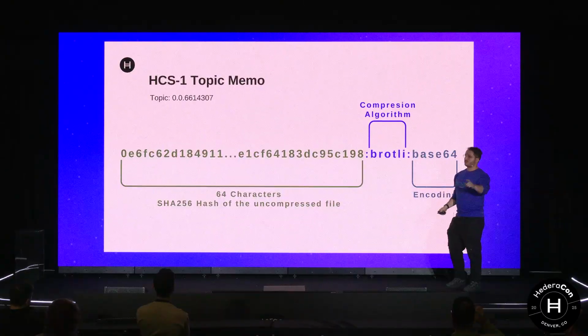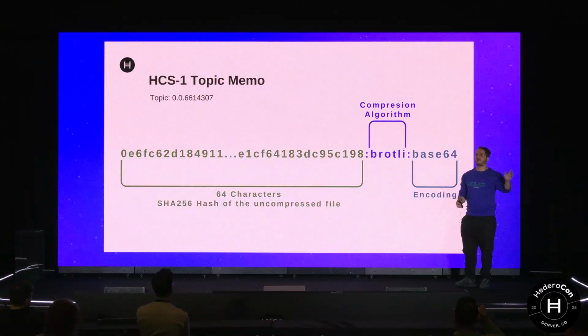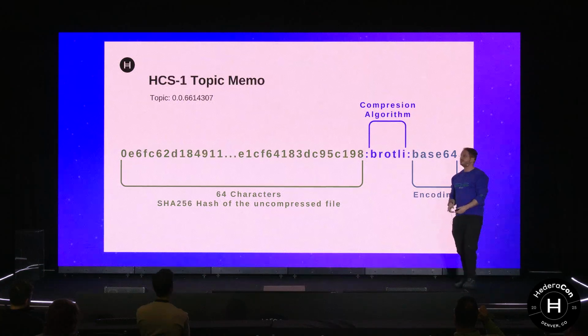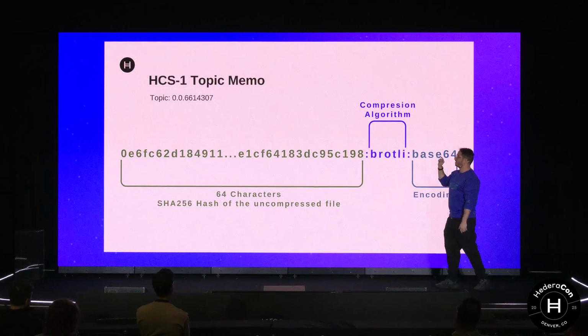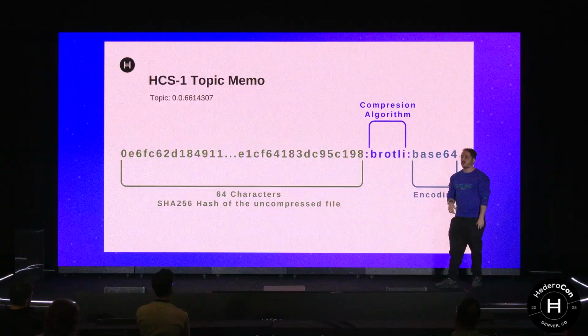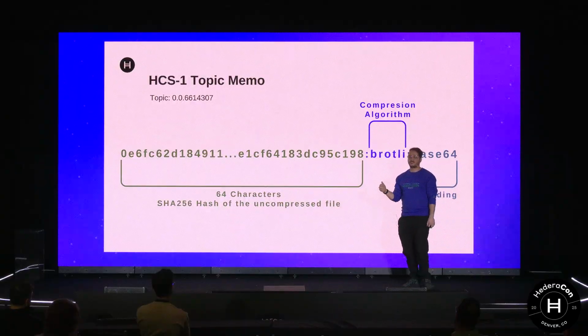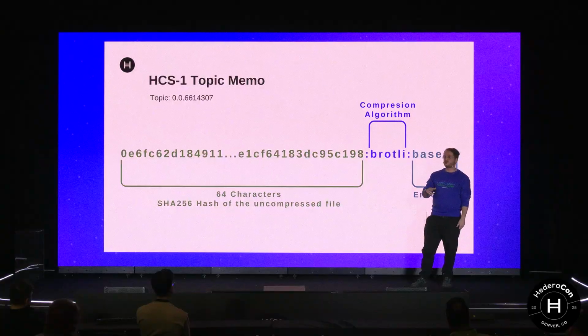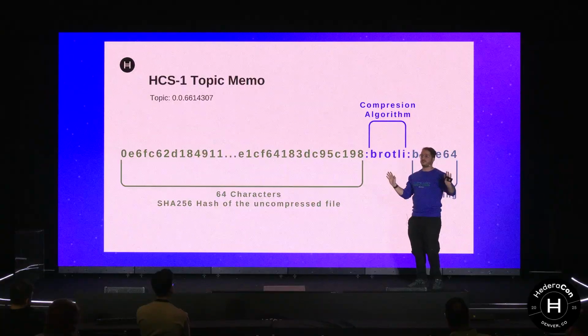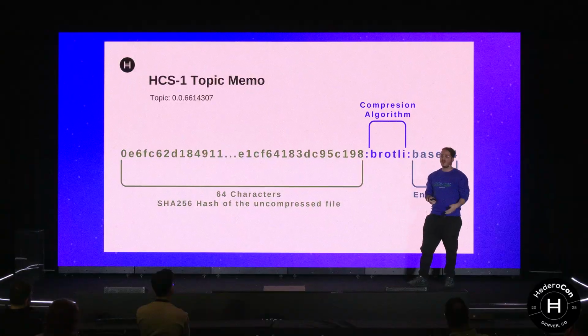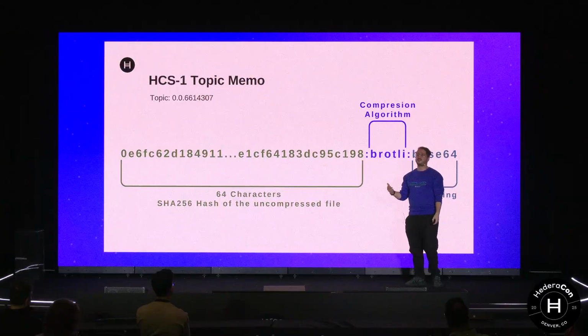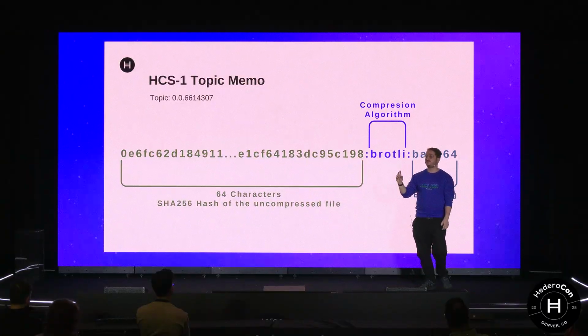Next, the second and probably the most important thing about any HCS standard that we've built is how we utilize the topic memo. So the topic memo is a really cool thing that Hedera built into most transactions on the network. It is a 100-character field. You could put anything that you want in it. Doesn't mean that you should, and our opinion is that we should standardize how we use that memo field.